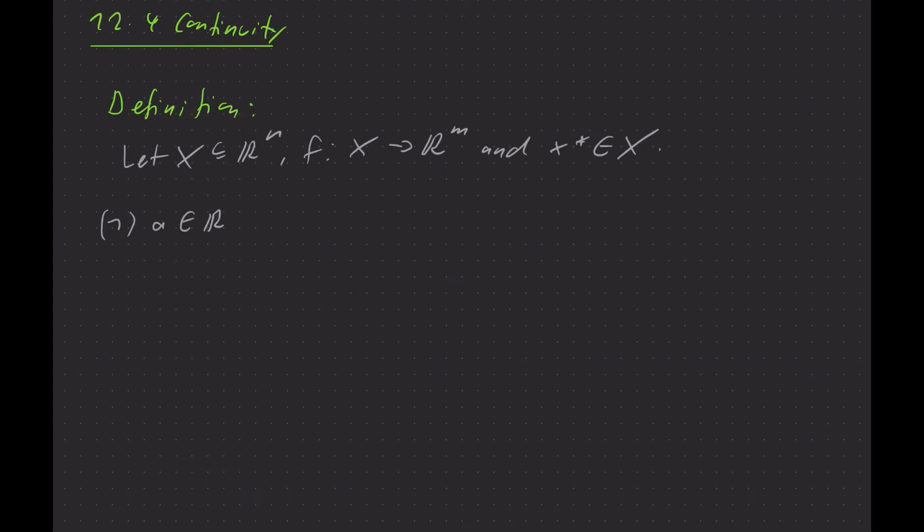We will say that a in R^m is called the limit of f for x tends to x star if the following holds.